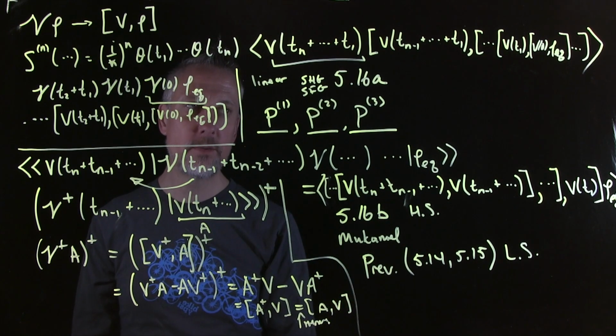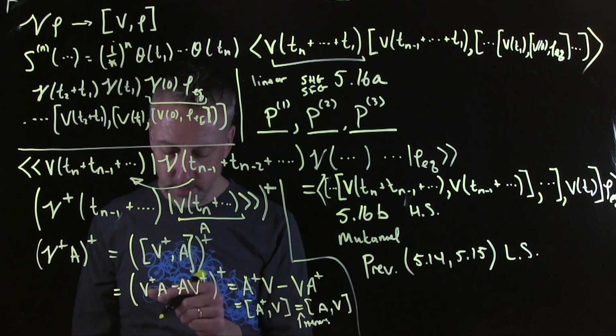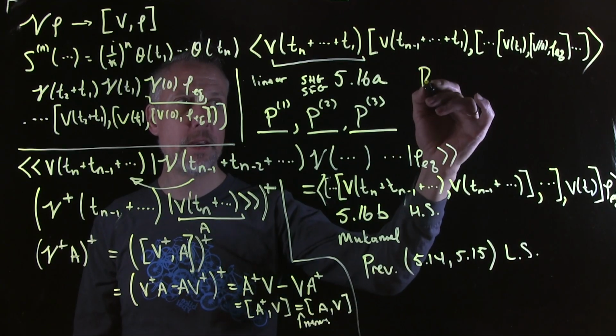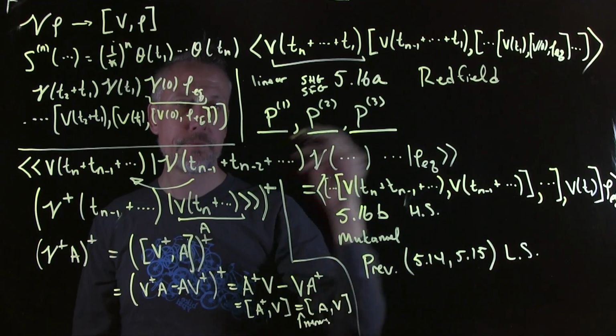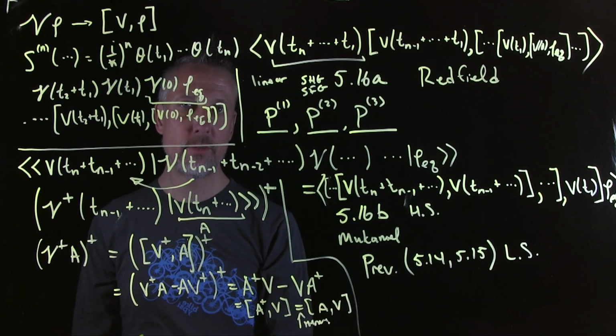And the way we're going to do that is we're going to make a model for relaxation, which is going to be, for our class, the Redfield theory. All right, so we're going to develop Redfield theory. We're also going to come up with more of a, let's say, a stochastic phenomenological model for various kinds of relaxation phenomena.